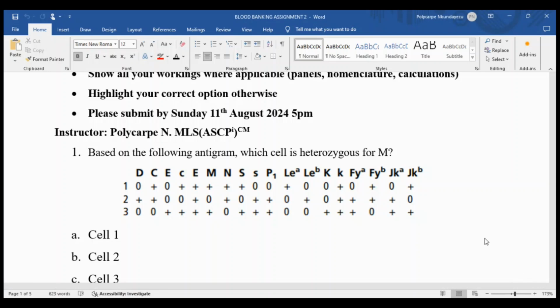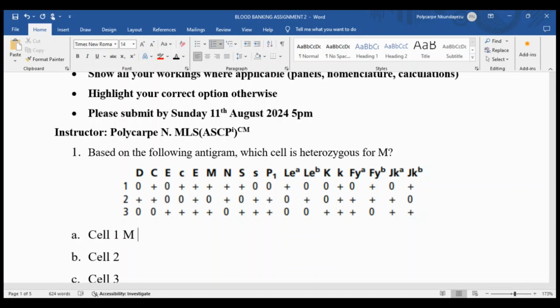Cell number 1. Yes, cell number 1 is true. Cell number 1 is heterozygous for M antigen, and as you can see, cell number 1 has got two. We call it heterozygous when the cell possesses both antigens on the same locus, the same allele.